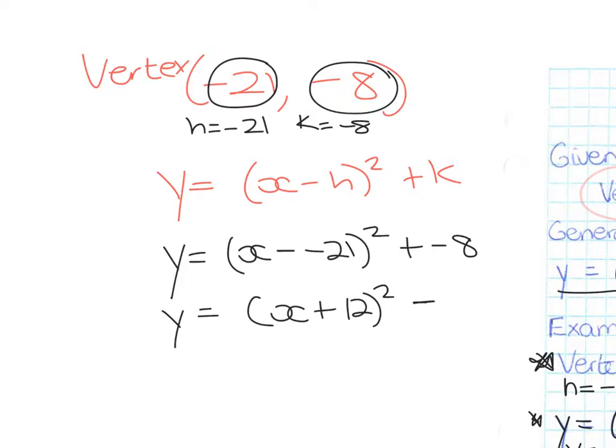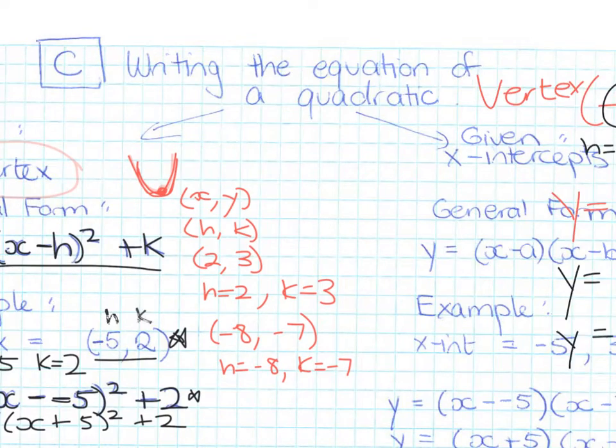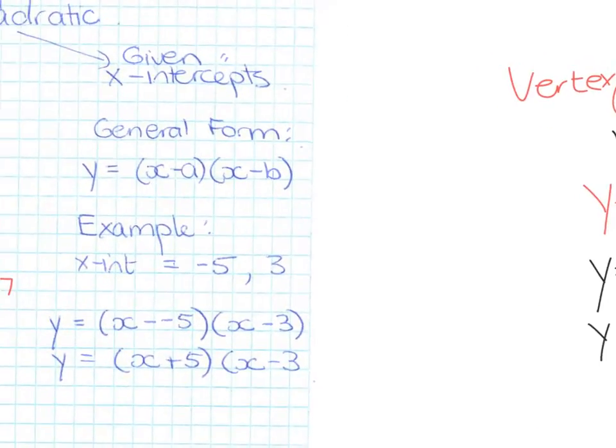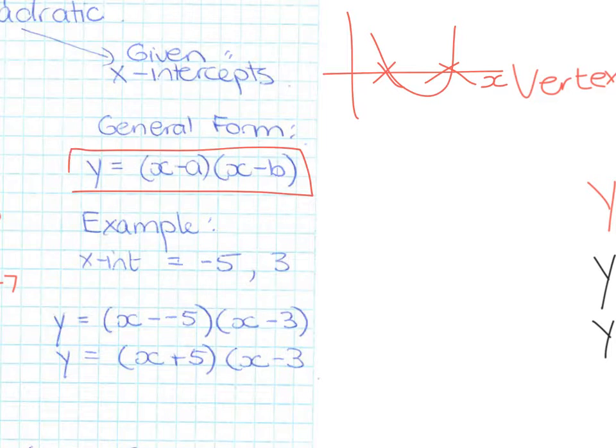Alright, that's that form. What about if, instead of being given the vertex, we get given the x-intercepts? Remember the x-intercepts, if you've got a graph that looks like this, are where that graph cuts the x-axis. Makes sense, doesn't it? Where a graph cuts or touches. So the general form in that case is y equals x take a times x take b.